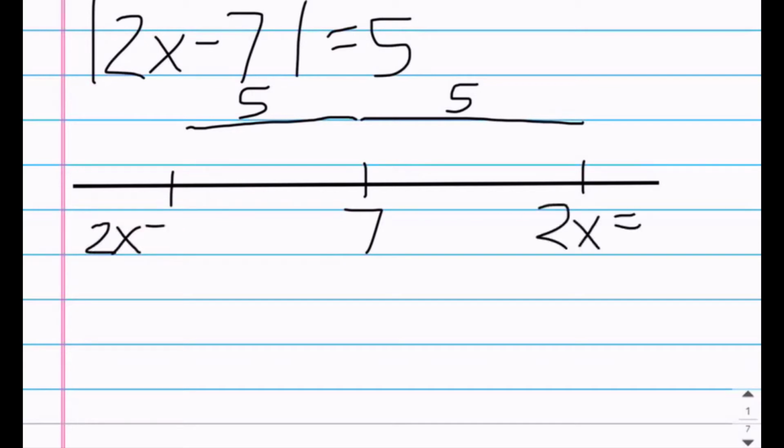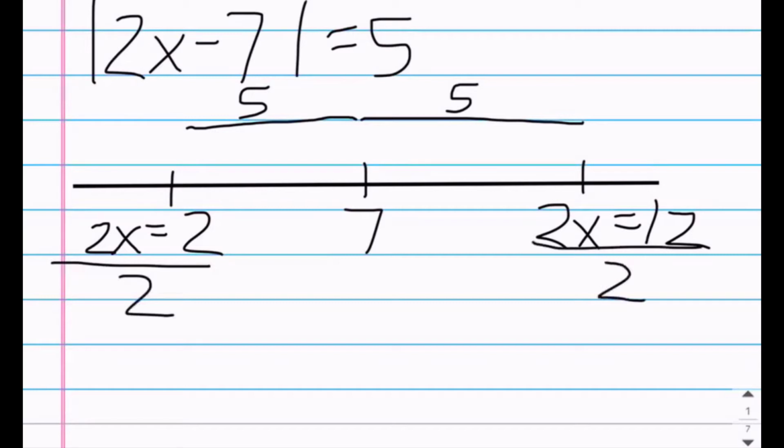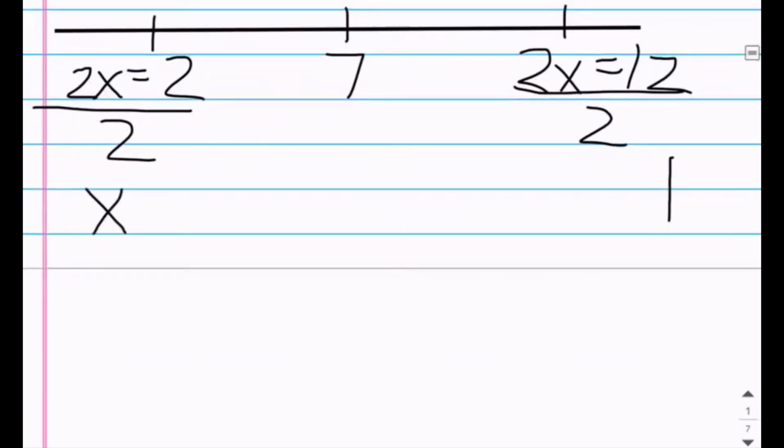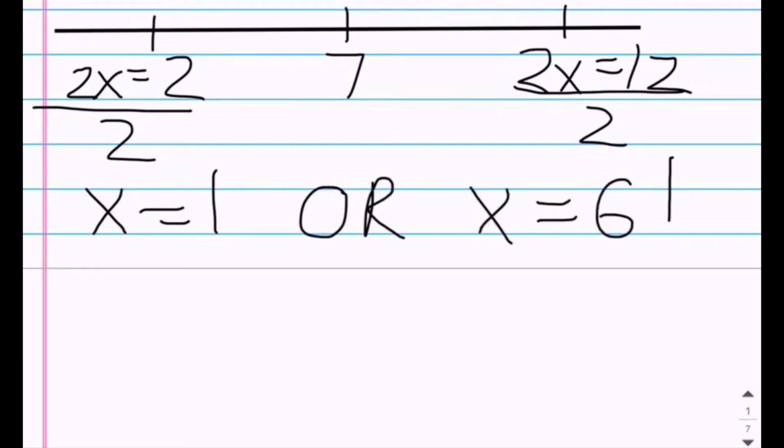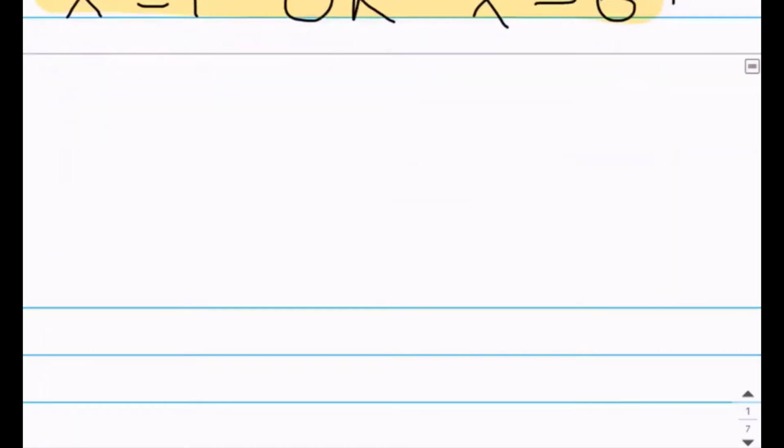So 7 minus 5 is 2, so 2x is equal to 2. And 7 plus 5 is 12, so 2x is equal to 12. If we divide both sides by 2, 2x is equal to 2, you divide by 2, you get x is equal to 1. Or 2x is equal to 12, 12 divided by 2 is 6, so x is equal to 6. Easy.